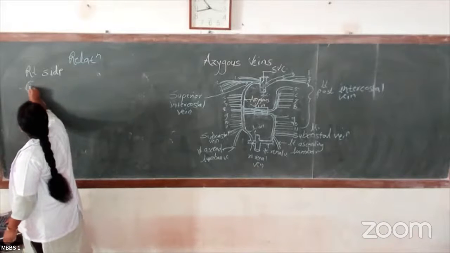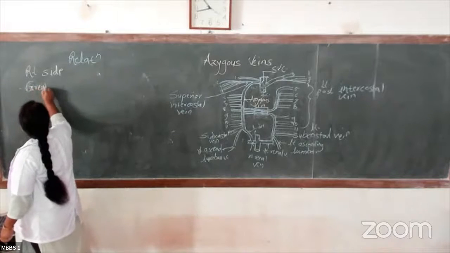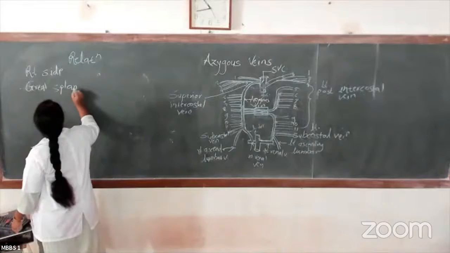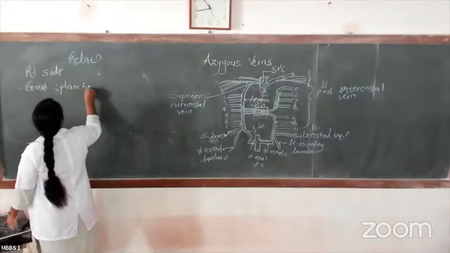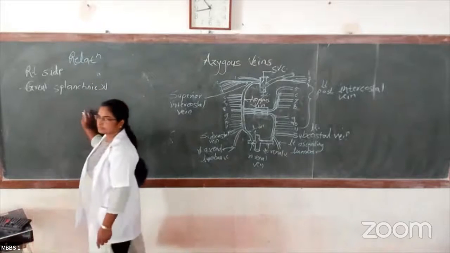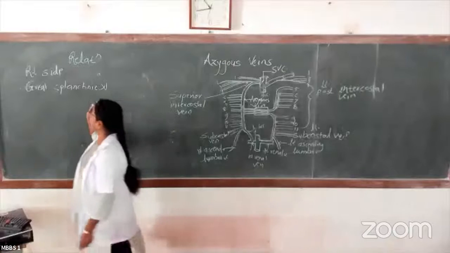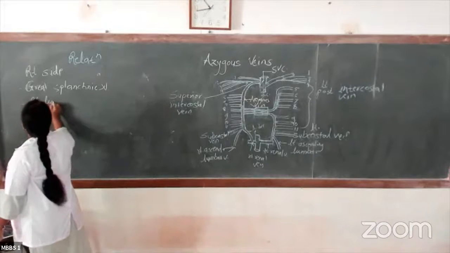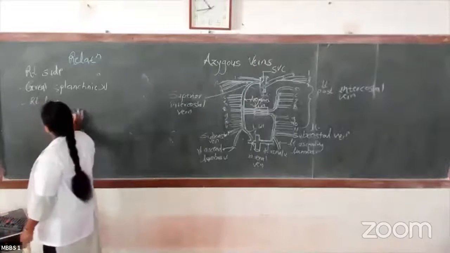Greater splanchnic nerve in the lower part. And the arch is related to the root of right lung and pleura.